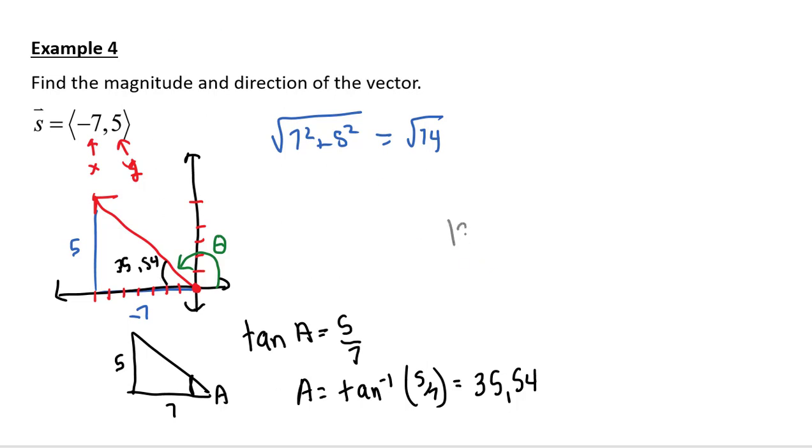So I do 180 minus 35.54, and I get 144.46. Okay. Don't super stress about that problem. I wanted you guys to experience that because you're going to be doing this next year in Algebra 2 Trig.